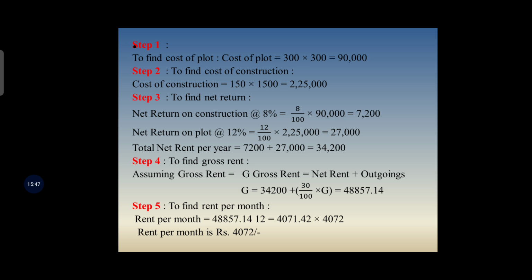So we got the answer 48,857.14. For per month we divide by 12, and we got the answer, that is 4,072.